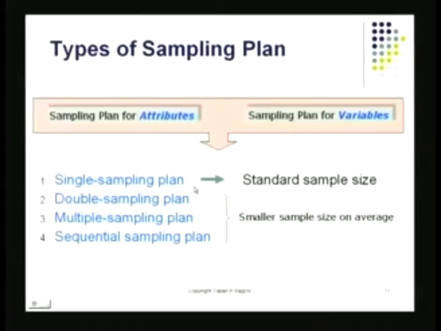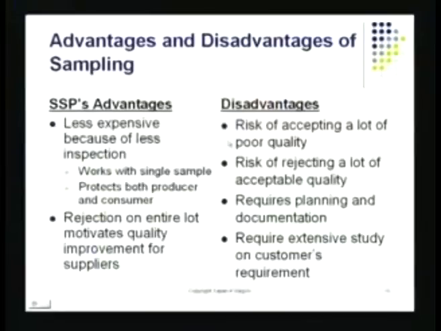Given your AQL and RQL, that is the acceptable quality level and rejection quality level, and the consumer's risk and the producer's risk, how do I combine all this information and come up with an acceptance sampling scheme, which could be a double sampling plan, a single sampling plan, or perhaps a sequential sampling plan? We're going to discuss that as we move along in this lecture.